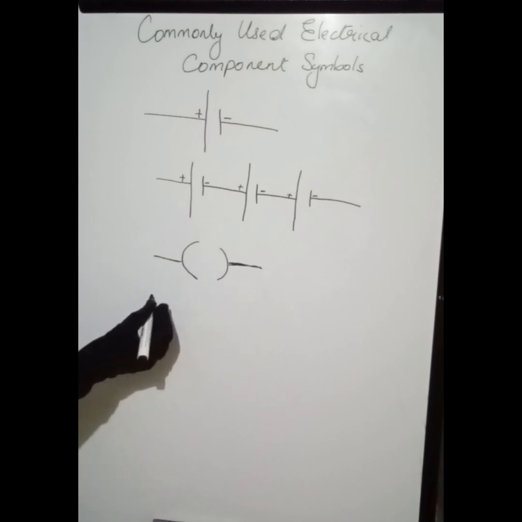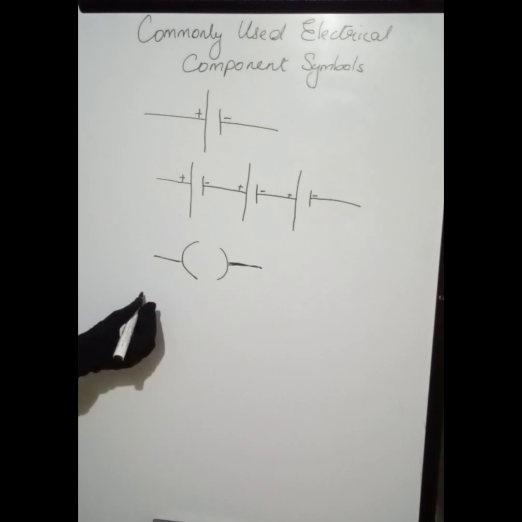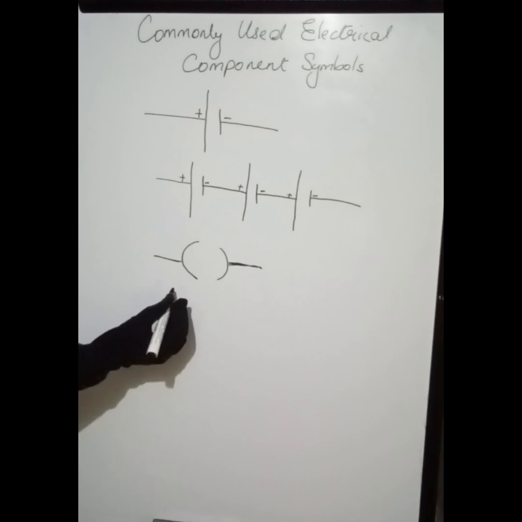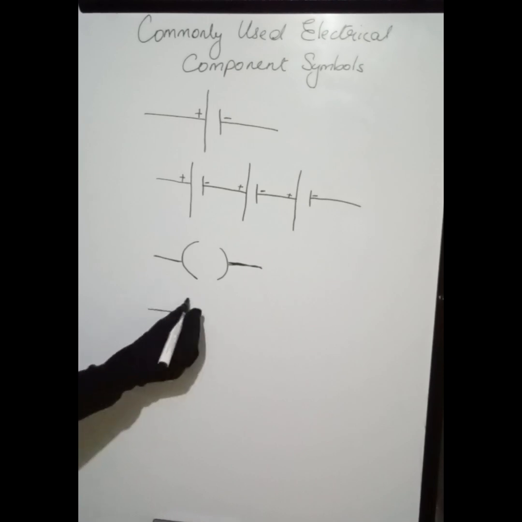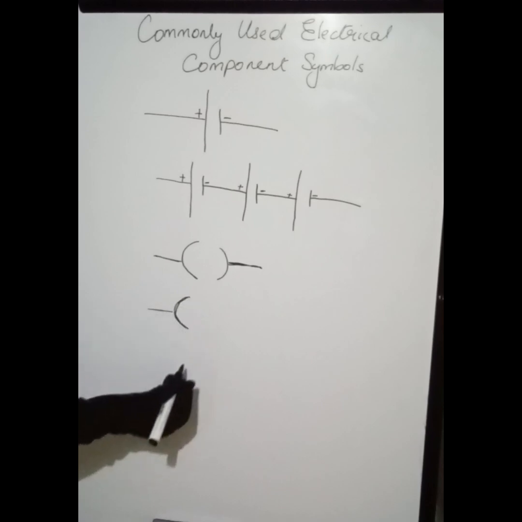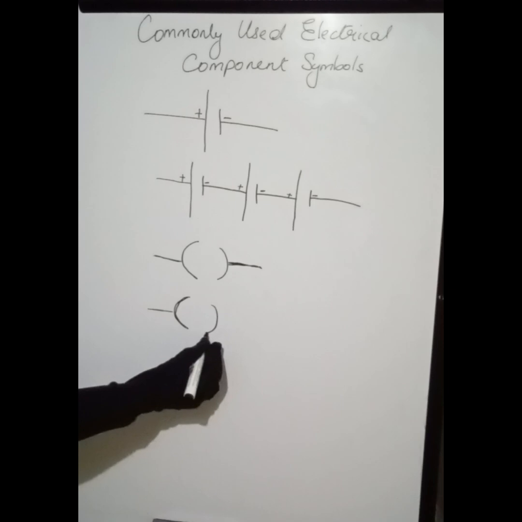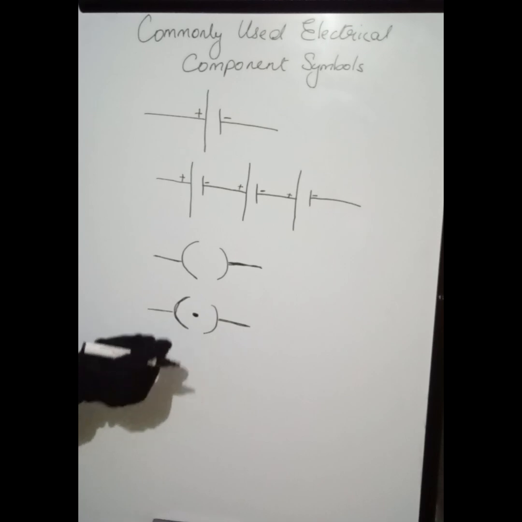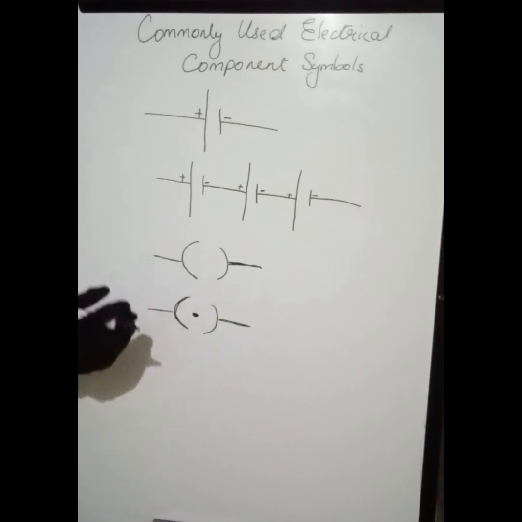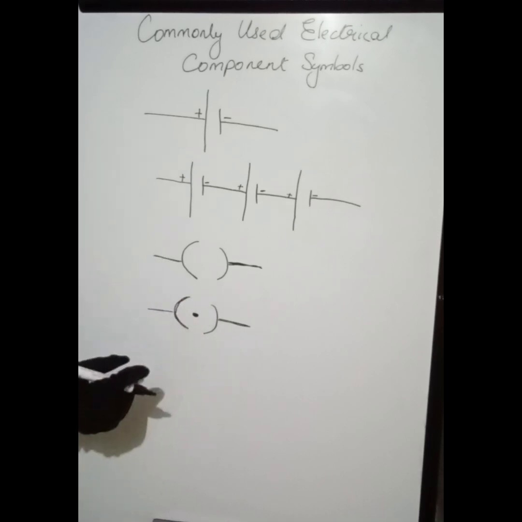How about a plug key or a switch which is closed? When you are drawing a circuit, if you want to represent a plug key or a switch which is closed, you simply draw a sleeping line, same as above, whereas you put a dot in the center which denotes this particular switch is closed.